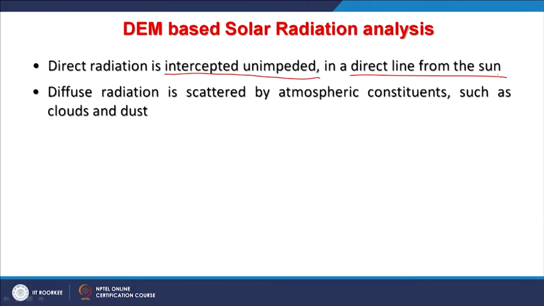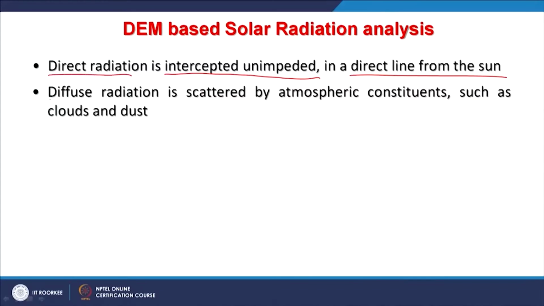This impeding problem will always be there, because there is a thick atmosphere between the sun and the earth. But if we talk about, say, Mars or the moon surface, where, like in Mars, there is a very thin atmosphere, the solar energy can reach the surface unimpeded, but not like on the surface of the Earth, because luckily we have an atmosphere, and because of that atmosphere life exists on the Earth.